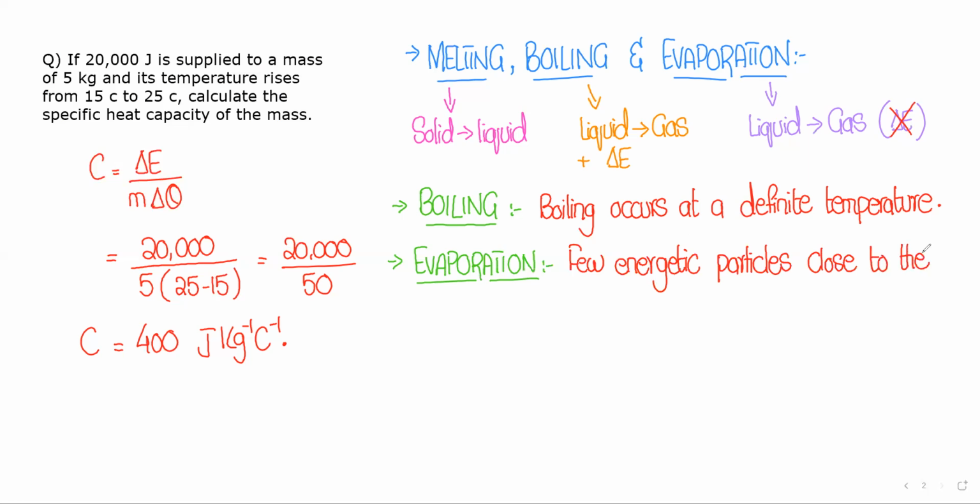Let's suppose if you keep a bowl of water on a sunny day, it will automatically evaporate, right? Because of the temperature, because of the open area, because of the speed of wind. So that is the process of evaporation. We are not providing an external source of heat.